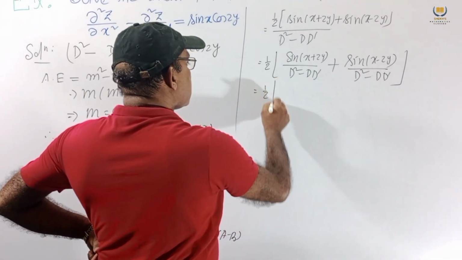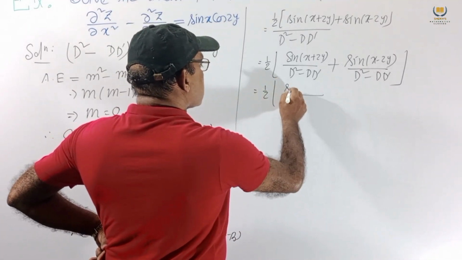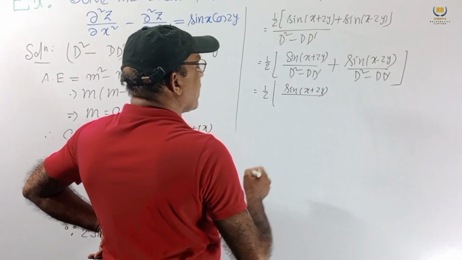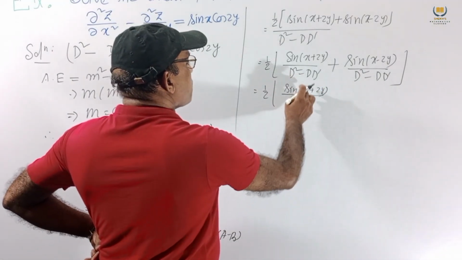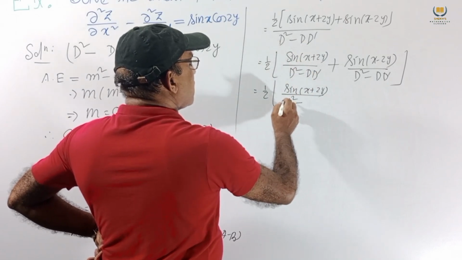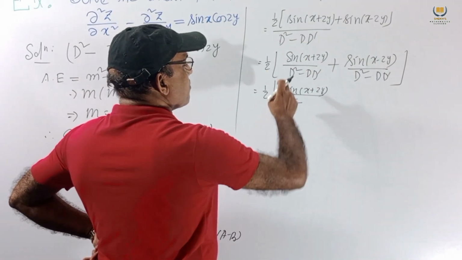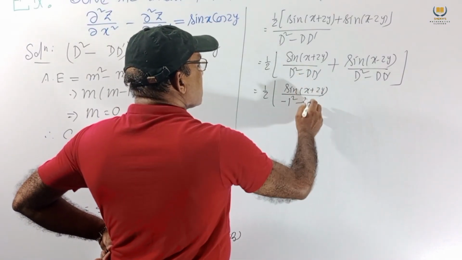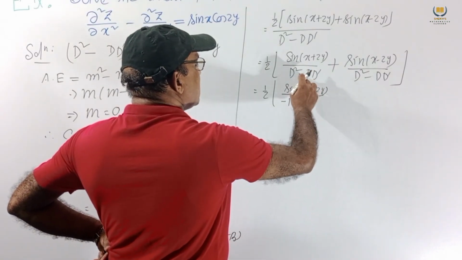1 by 2 remains the same, sin(x plus 2y). Here D means we put the coefficient of x, which is 1, so minus 1 squared, because the trigonometric function gives minus 1 squared, and this is minus D dash.